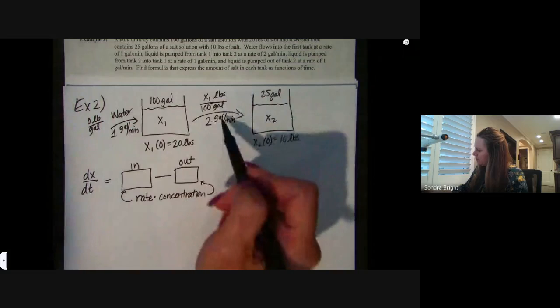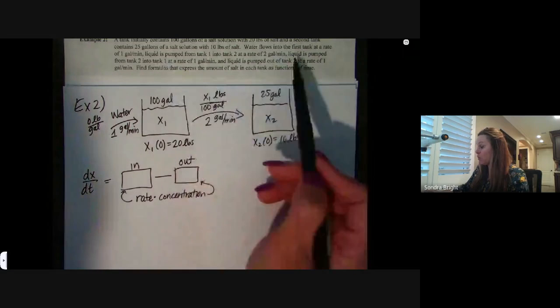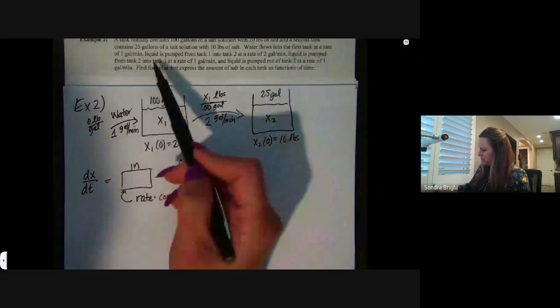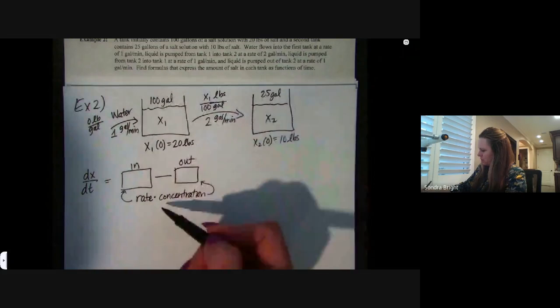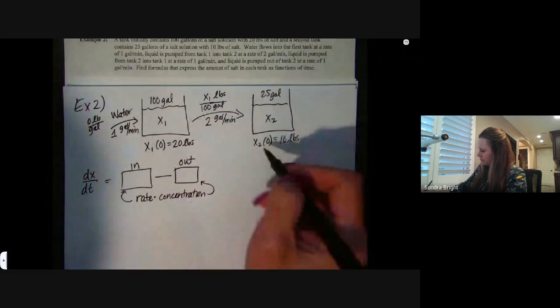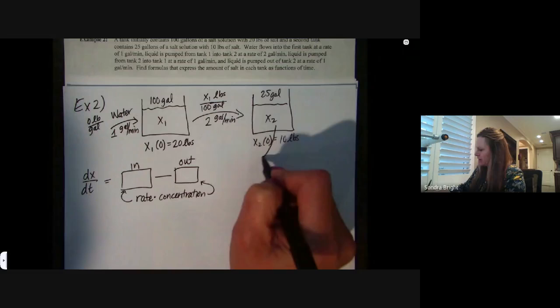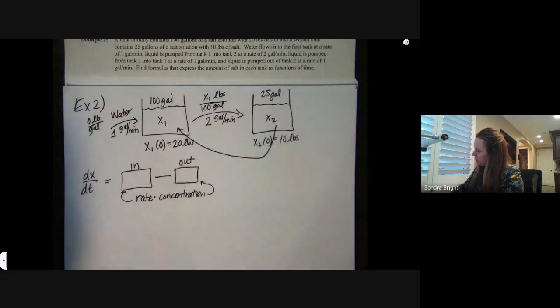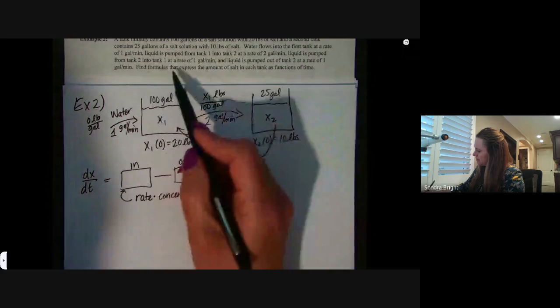Okay, and then liquid is pumped from tank 2 into tank 1 at a rate of 1 gallon per minute.